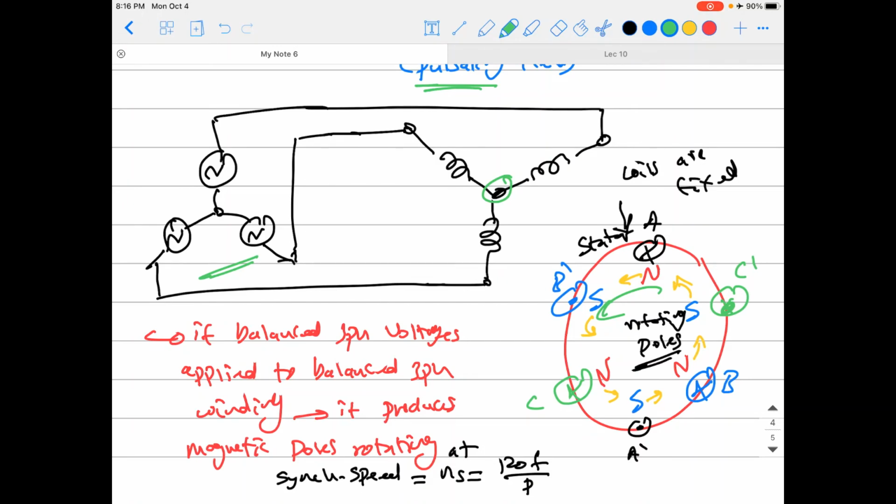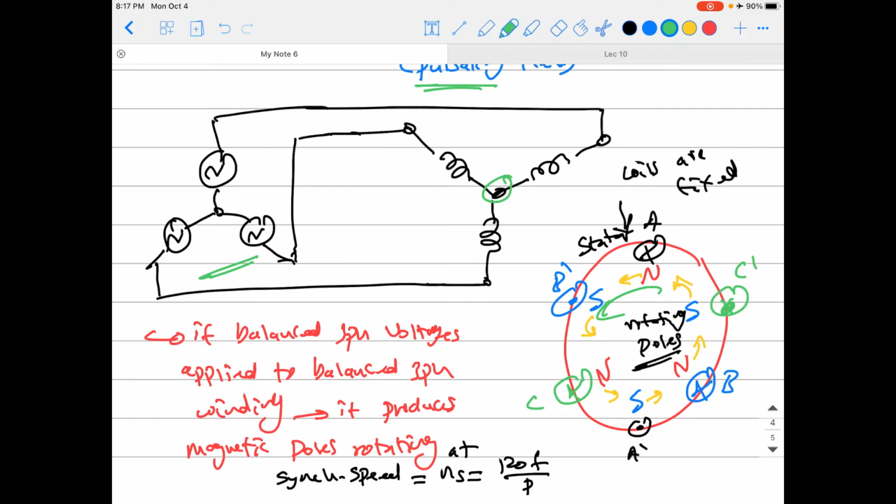And for a synchronous machine, because of how this machine works, I'll be referring back to this when I'm talking about synchronous motors, the rotor of the machine rotates at the same speed as the rotating speed of the stator field, not the stator body, because the stator coils are stationary in position, but the magnetic field produced by them, the poles produced by them, is rotating around the stator circumference. At a speed we call the synchronous speed, and it equals 120 f/p.